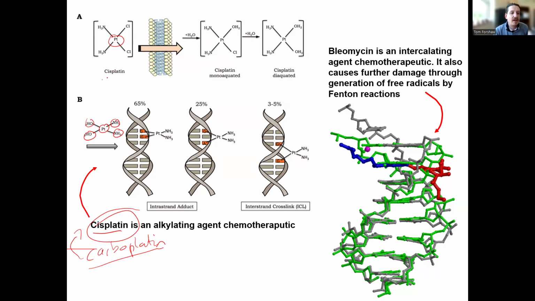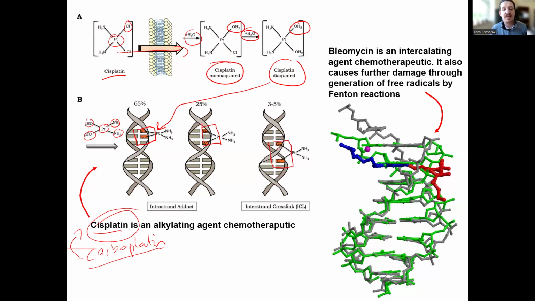Cisplatin will pass into the cells, become aquated, react with water, swap out that chlorine for this OH2 group, and then this is highly reactive to DNA and can link together two bases on the same strand next to each other, further apart, or even further apart on different parts of the strand of DNA.